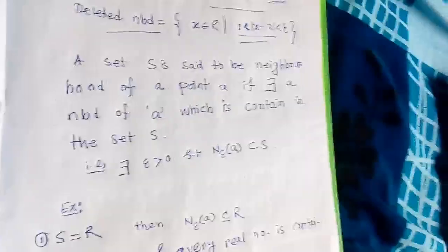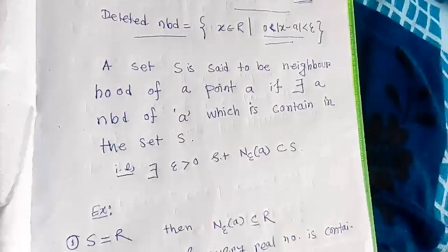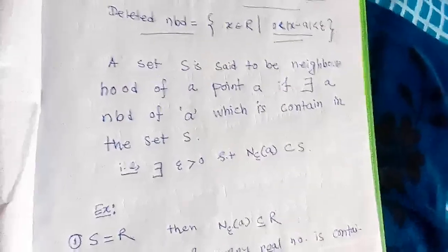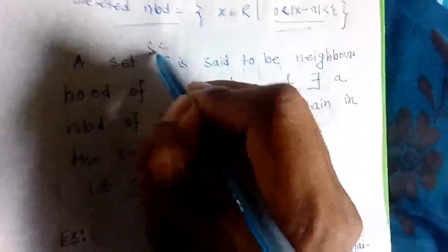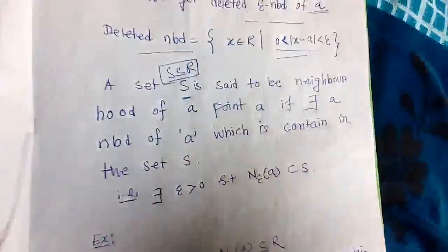Now focus on what a neighborhood of a set is. Let S be a set, which is always a subset of R, as we discussed in the real number system.